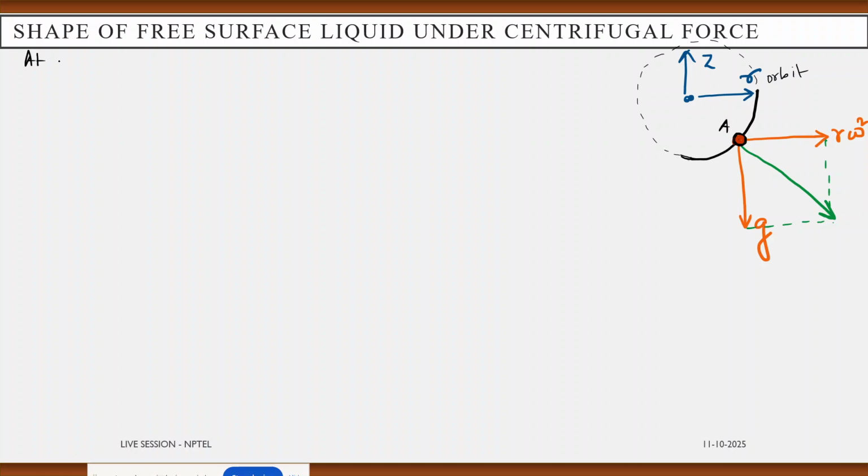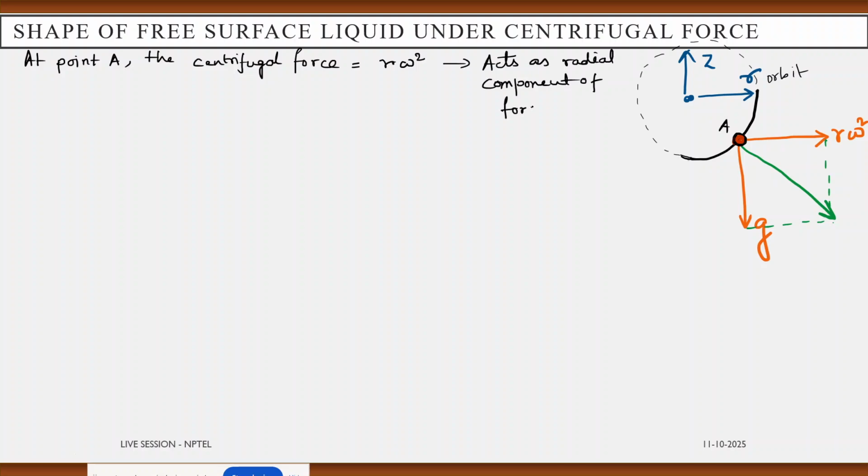So you can say at point A, the centrifugal force is r omega square. It acts as the radial component of force.